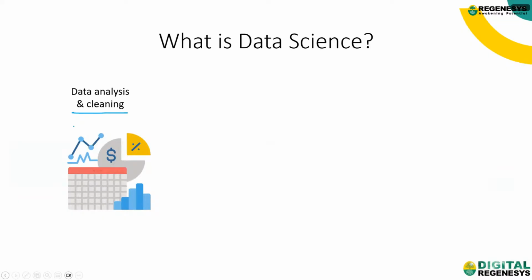See, there might be some discrepancies in the data, such as null values or missing values. There might be the presence of some outlier values, right? So, being a data scientist, that person has to clean the data using some scientific methods. After that, he can further do data analysis, like what is the relationship between various data points which are present in that file.